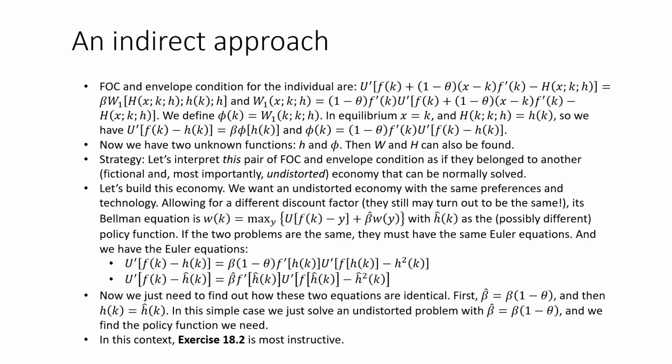Let's go on with the problem of the individual who is atypical in terms of his own capital stock. We can easily find the first order condition and the envelope condition for the individual. This is just a kind reminder. On this basis, it is quite easy for us to proceed towards an Euler equation.